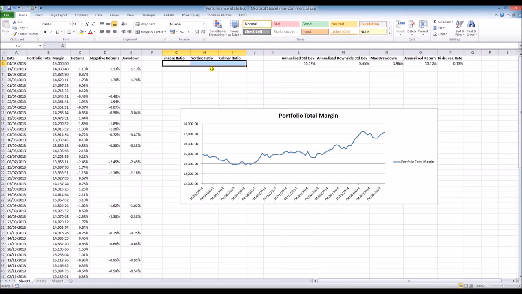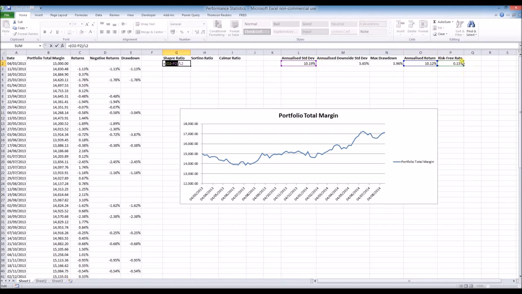So let's move on to that, and I'll explain a touch more about them as we go through. So the Sharpe ratio is just the annualized return minus the risk-free rate divided by the annualized standard deviation figure. So we've got a figure there of 0.98. Now, looking at that equation, on the numerator it's our annualized return.